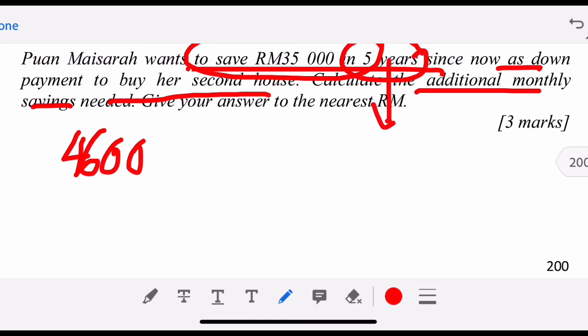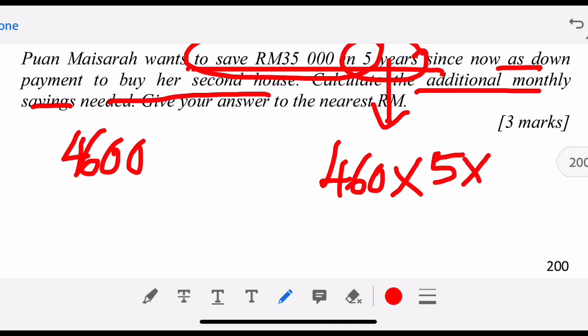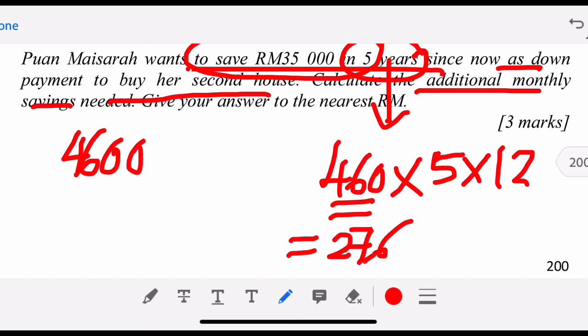So for 5 years, this is a long-term financial planning. For 5 years, every month 460. 5 years, how much is her saving in the bank? 460 times 60, 5 times 12. She actually managed to save 27,600.